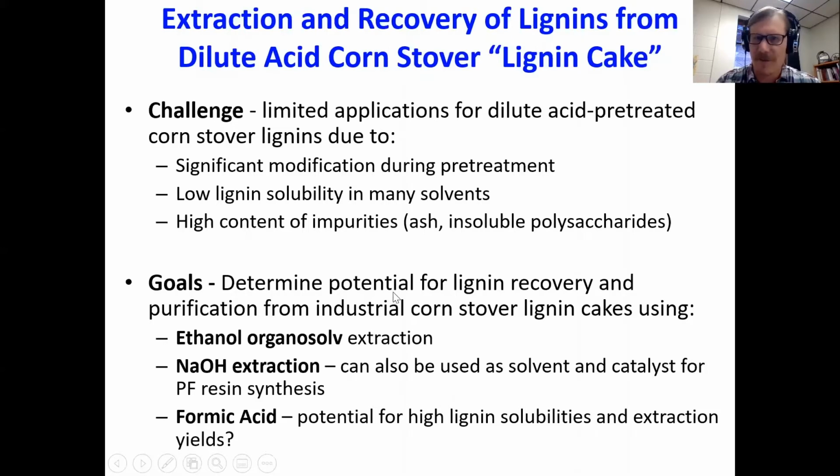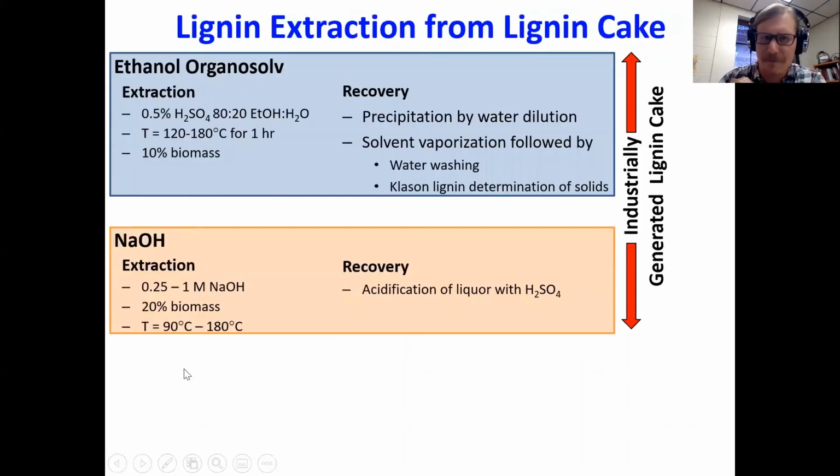We're going to do a few different types of extractions: ethanol organosolv, sodium hydroxide, and formic acid organosolv extraction, and a couple of different feedstocks. We're going to use an industrial lignin cake from a demonstration plant using a dilute acid pretreatment of corn stover, and a number of different corn stovers that we dilute acid pretreated under different conditions in our lab.